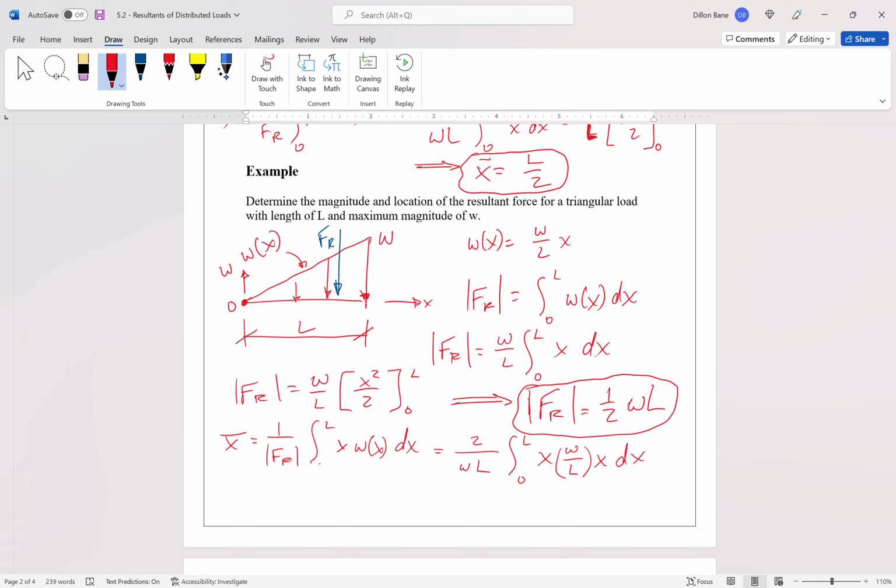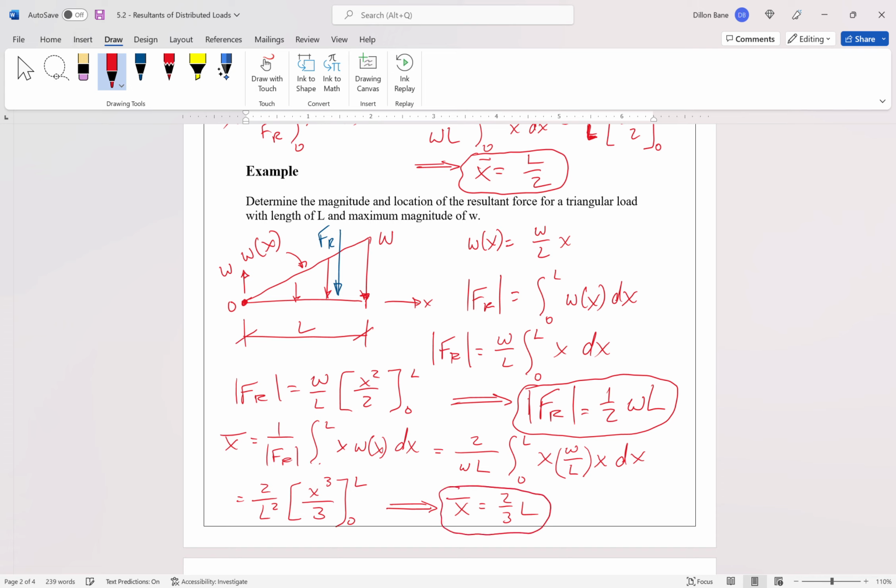We can pull W and L out, so we get 2 over L squared times the integral from 0 to L of x squared. That's just x cubed over 3, correct? Evaluate that from 0 to L. And what we find here is that x bar equals 2/3 of L.